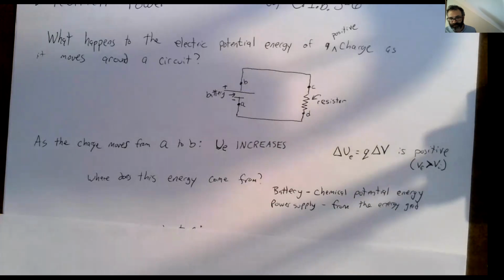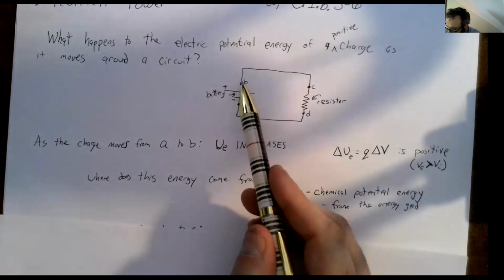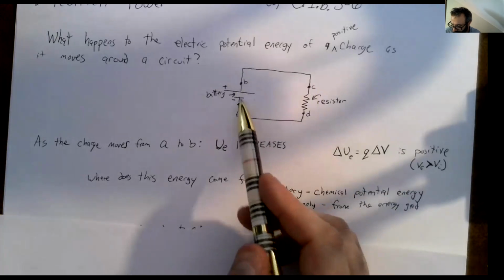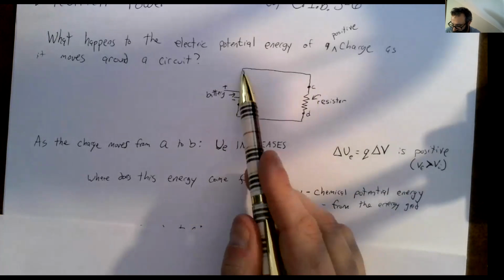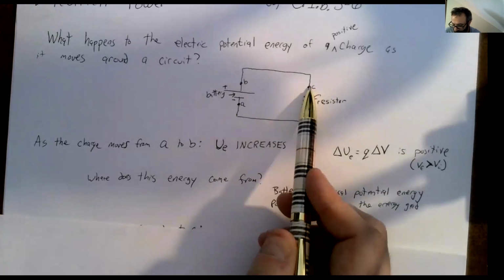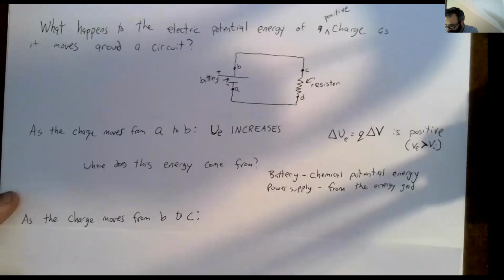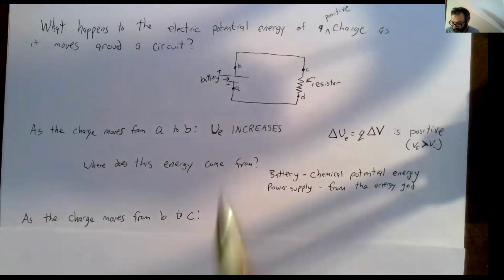So what about as the charge then moves from B to C? What happens to the electrical potential energy of a charge? And we're assuming there's no resistance. Does it stay the same? Yeah, so in that case, it's going to stay the same, right? There's no change in energy moving from B to C because there's no resistance there, so there's no change in potential, right?